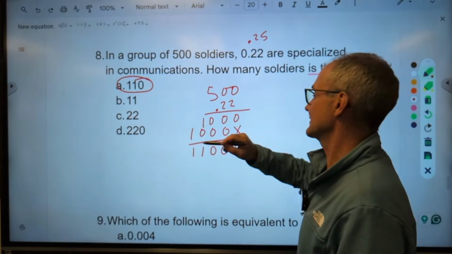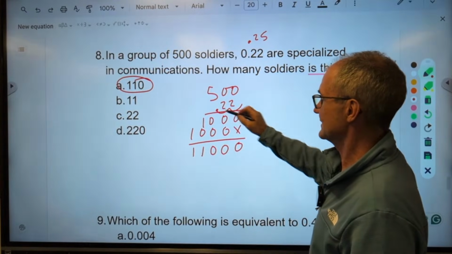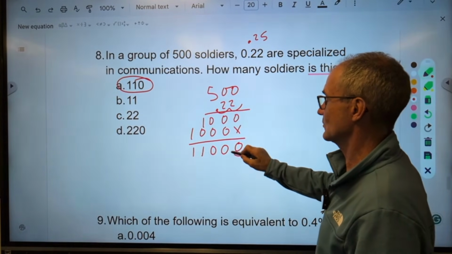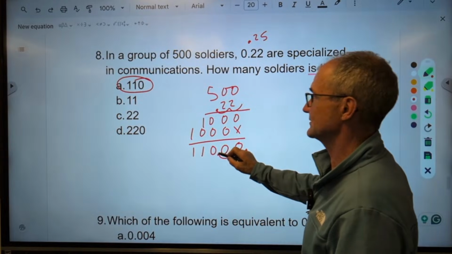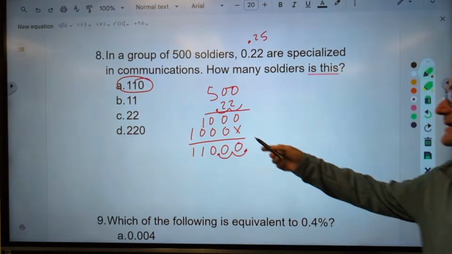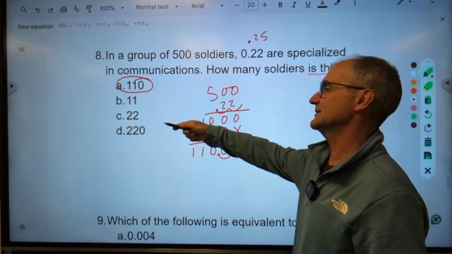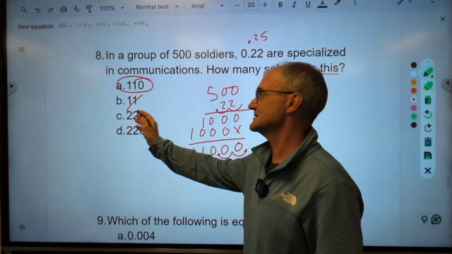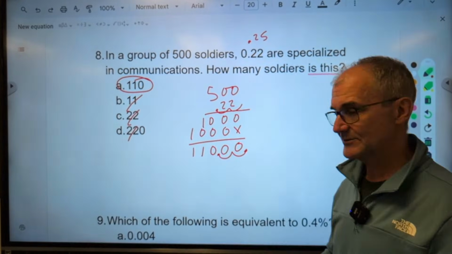And then I'm over 1, 2 here, so I start here and I go over 1, 2 to get 110. So I can multiply the whole thing out, or I can look at my answers first, eliminate answers that don't even make sense and end on that 110. Either way works.